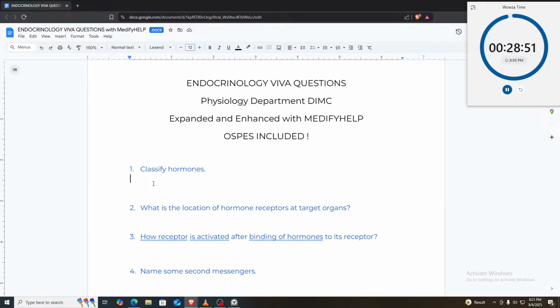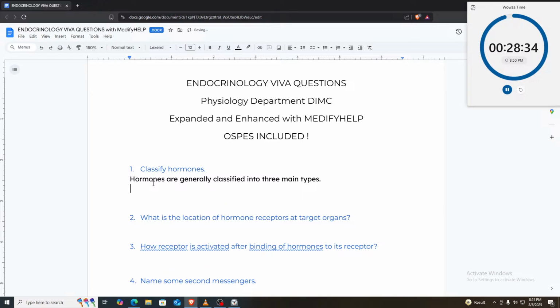So for hormones, you would generally start off with the fact that there are strictly three main types, and then you can go into more detail, like protein and polypeptide hormones.